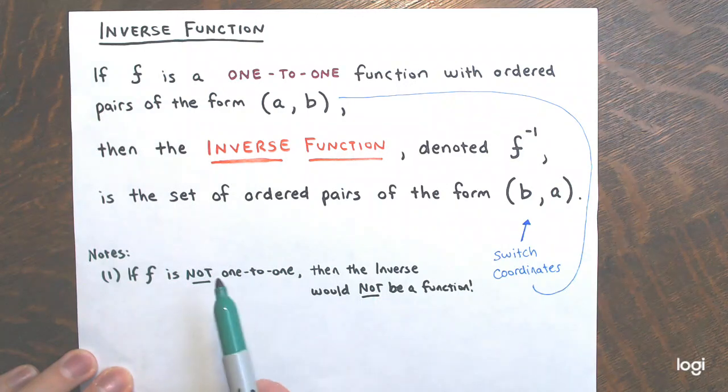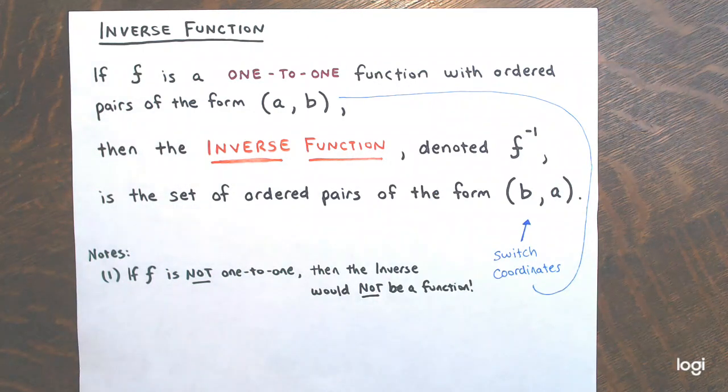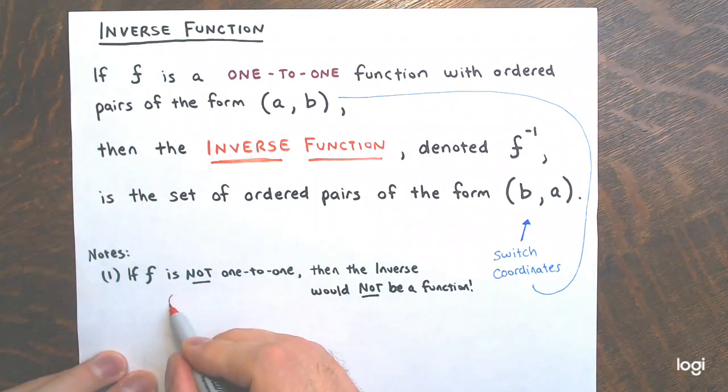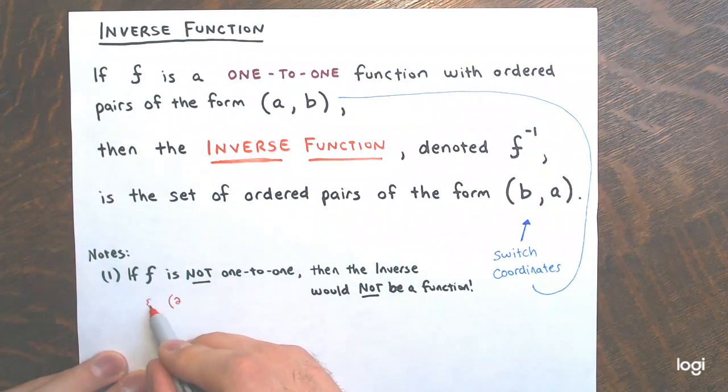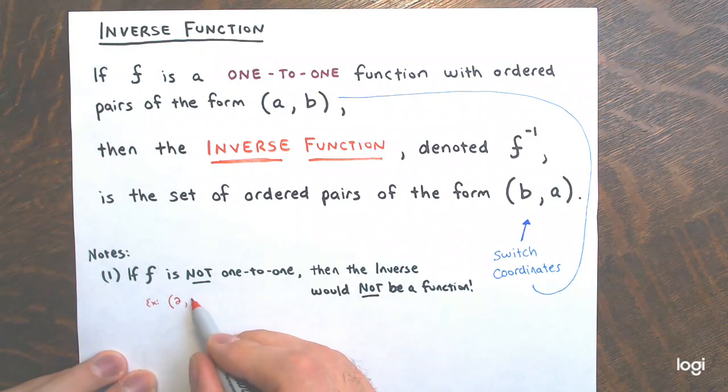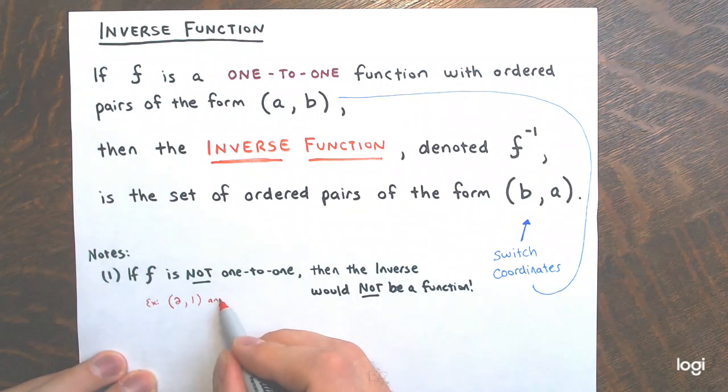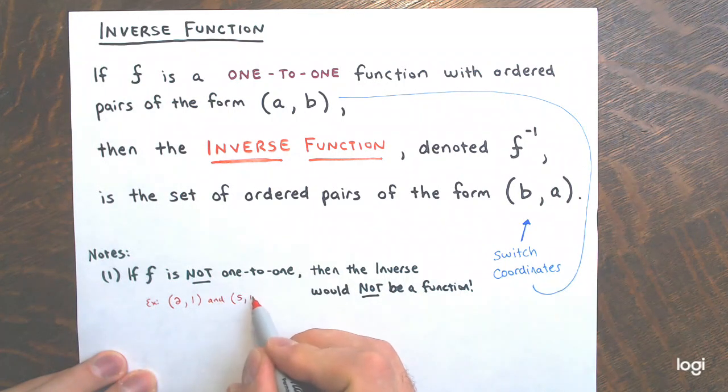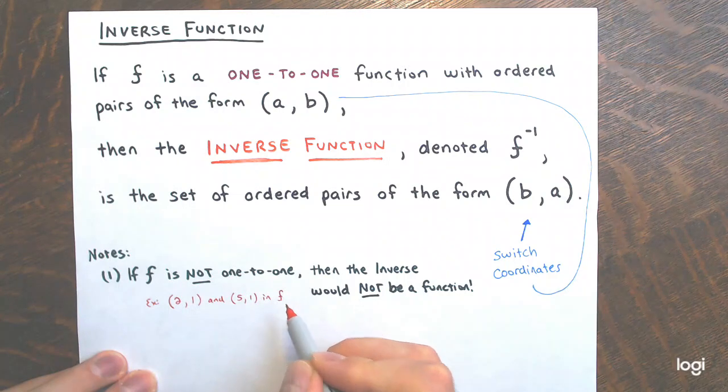Think about this. If f is not one-to-one, say 2 goes to 1 and 5 goes to 1 in f.